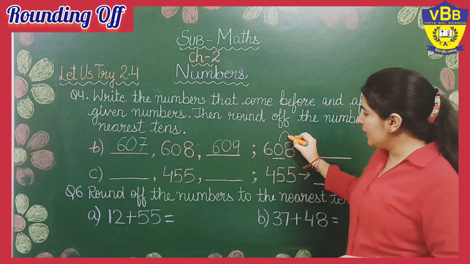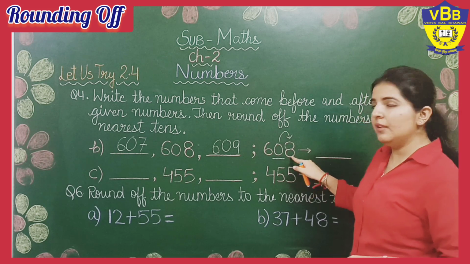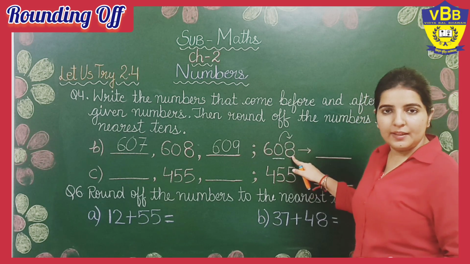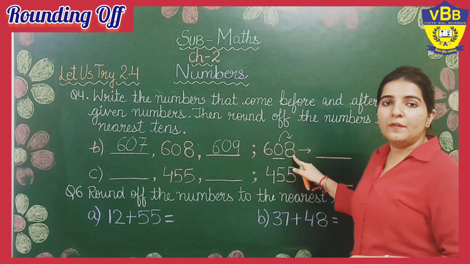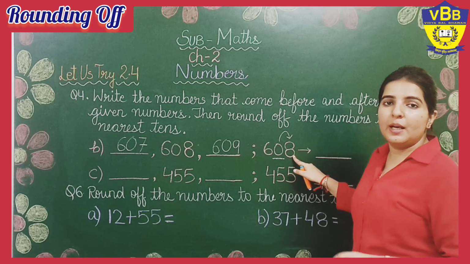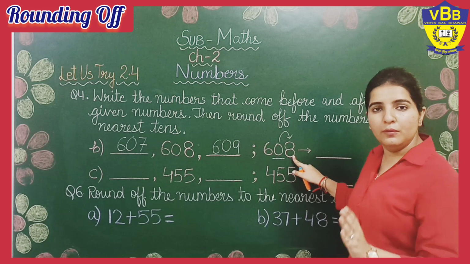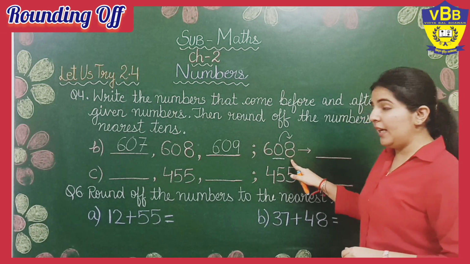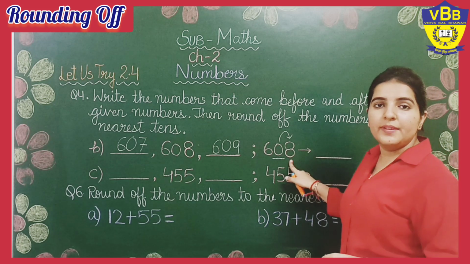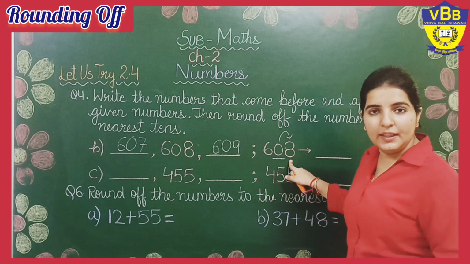The very next number that we need to look at is 8. Now we have to check whether the 8 comes from the 5 to 9 group or from the 0 to 4 group. Now 8 comes between 5 and 9.